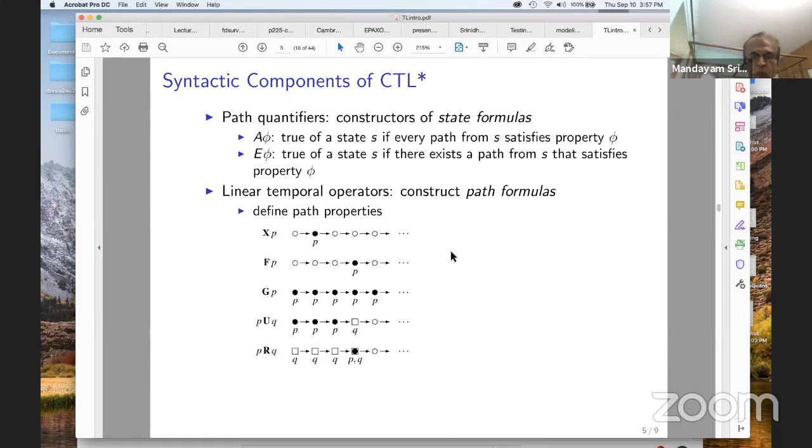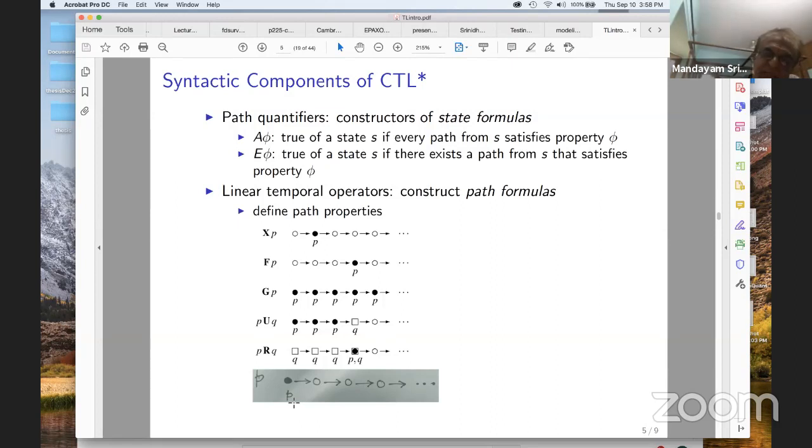Of course, you will have to have a base case, and the base case is one where P is an atomic formula on a predicate. How are these things built? Because the formula has to be finitely sized, there must be a base case, and in the base case the sub-formula to which this operator is applied will be an atomic state formula, like a state predicate.